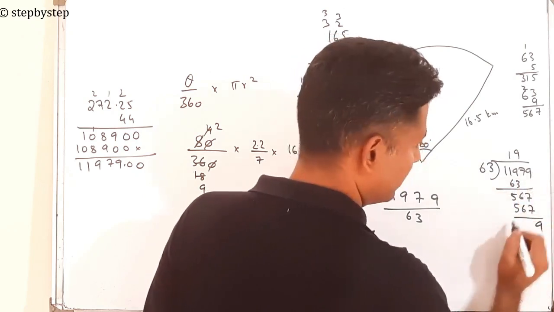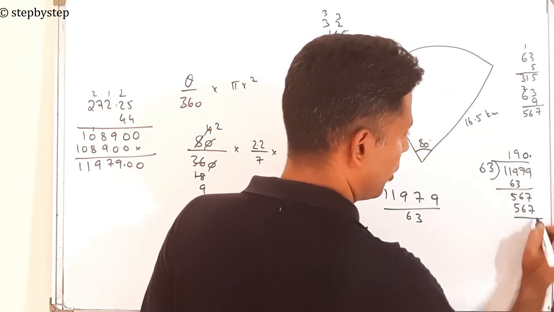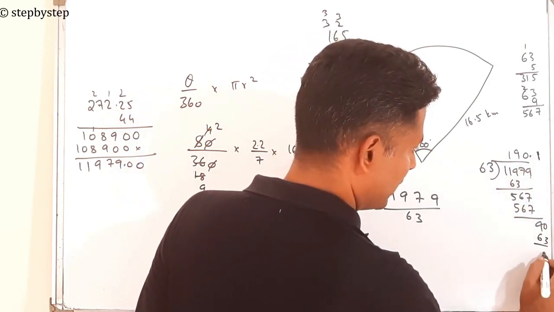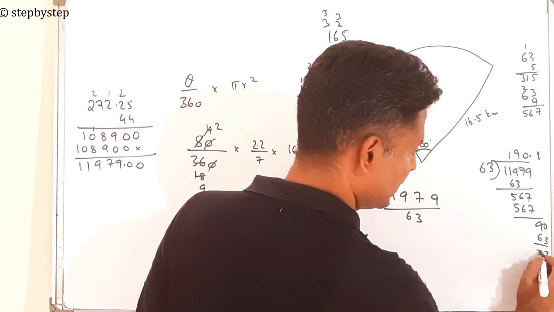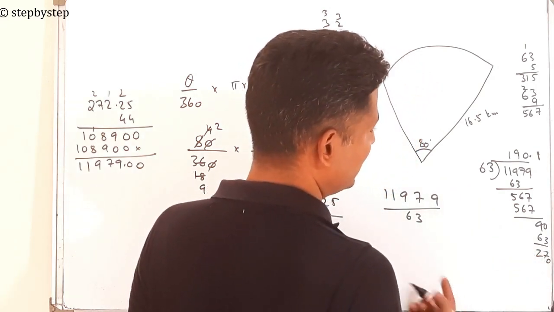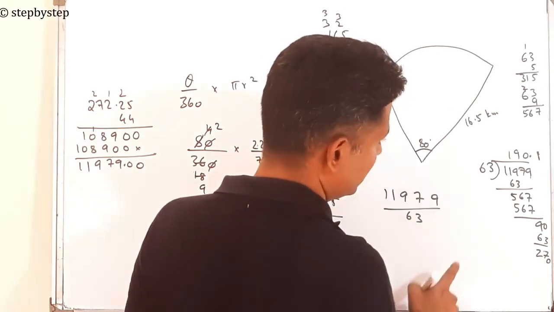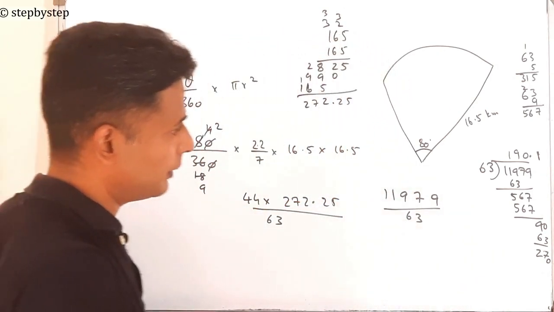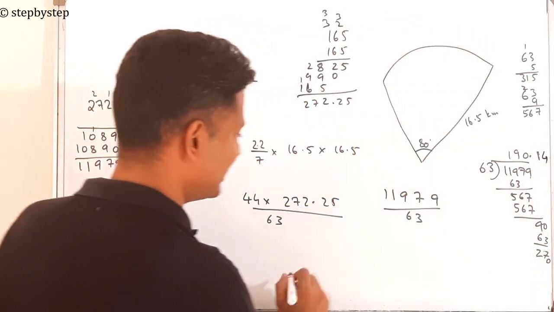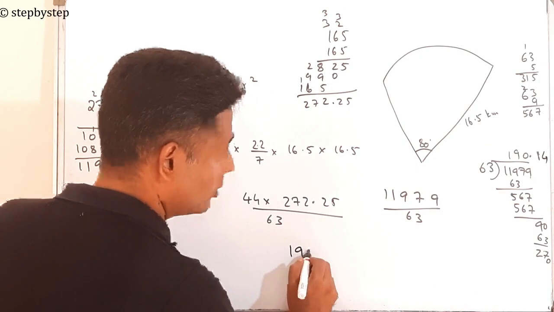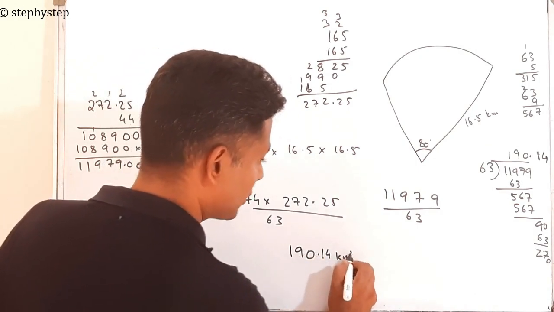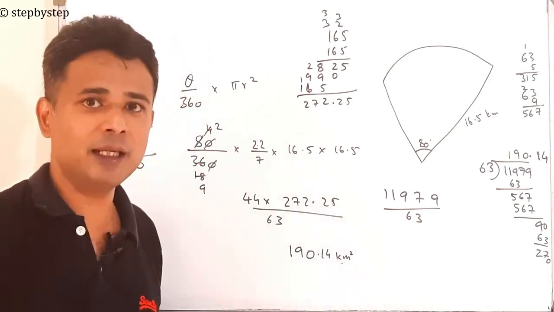What comes down is 9. Then we continue the division, I hope you guys can see it. I'll just do it up to 2 decimal points. So 190.14 kilometer square. Don't forget to write kilometer square.